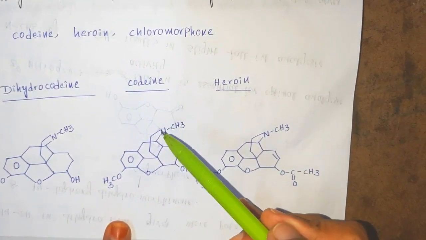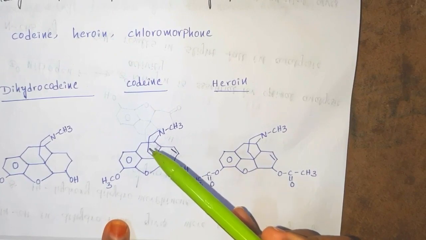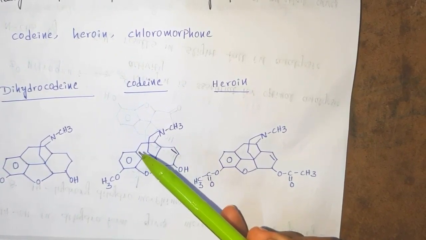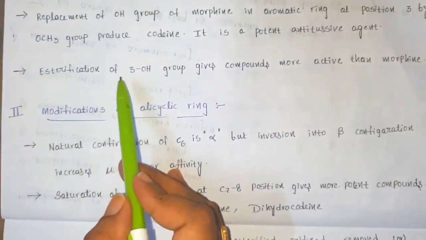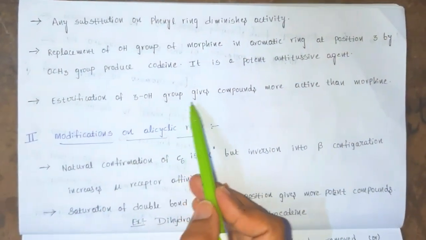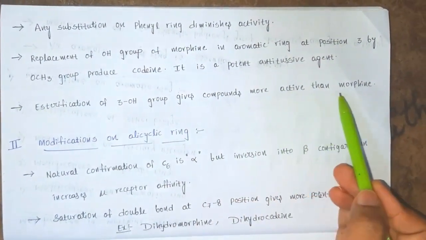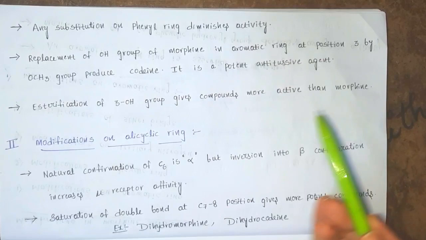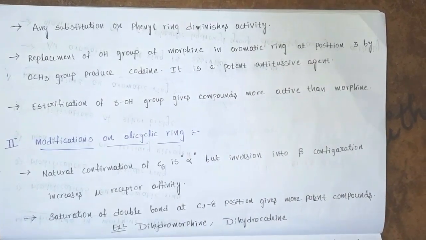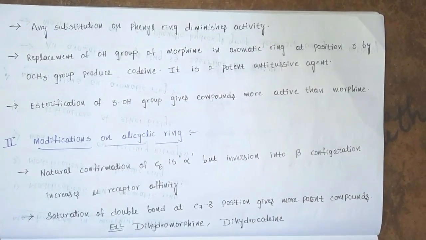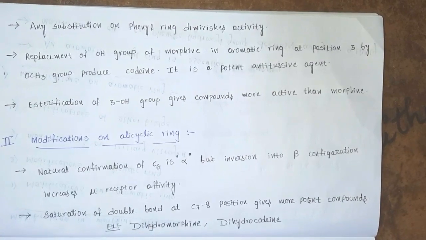Esterification of the 3-OH group gives compounds that are more active than morphine.